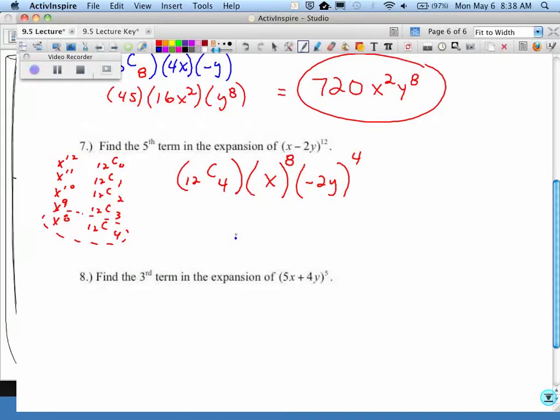I wanted the final answer, but this is 495. X to the 8th. Negative 2 to the 4th is positive 16. Y to the 4th. Okay, what's my final answer? 7,920. 7,920 x to the 8th y to the 4th.